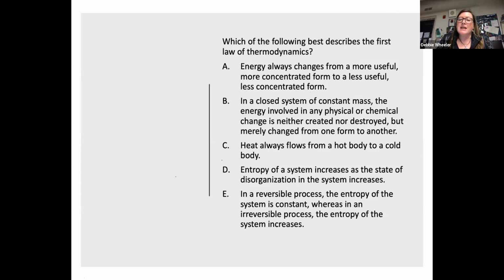Is it B, in a closed system of constant mass, the energy involved in any physical or chemical change is neither created nor destroyed, but merely changed from one form to another? Is it C, heat always flows from a hot body to a cold body? Is it D, entropy of a system increases as the state of disorganization in the system increases? Or is it E, in a reversible process, the entropy of a system is constant, whereas in an irreversible process, the entropy of the system increases?